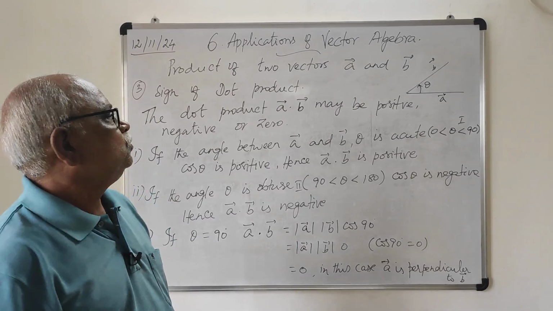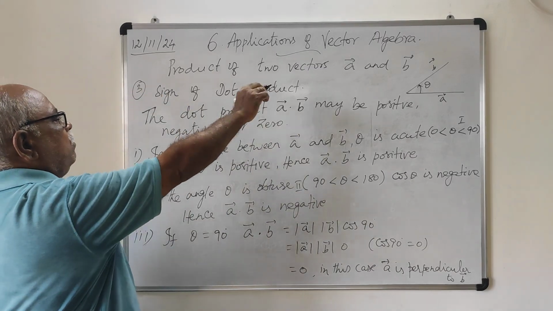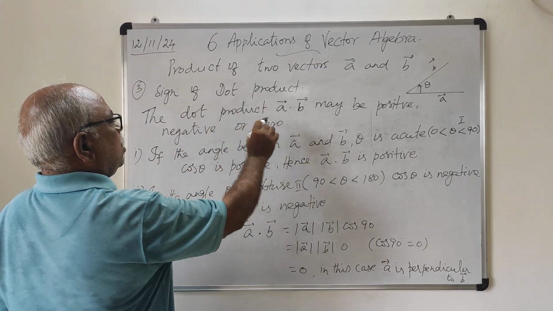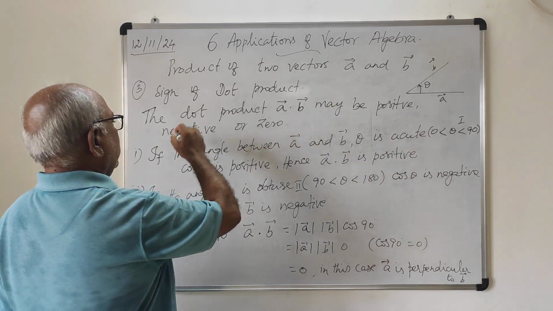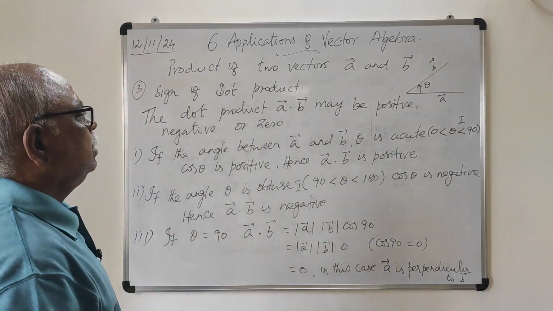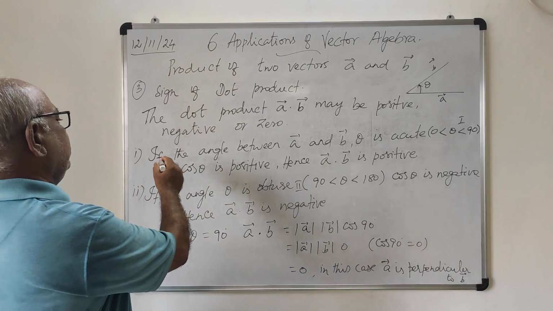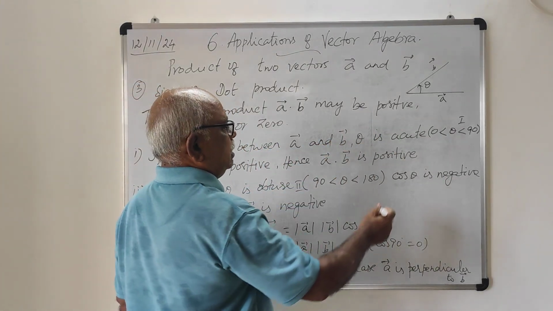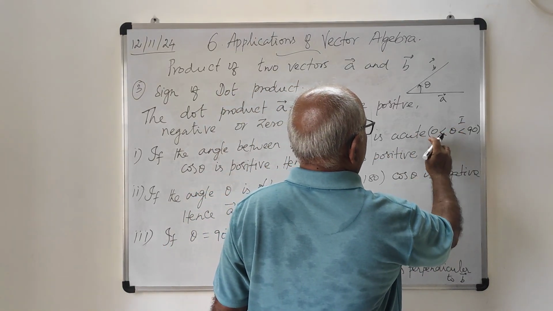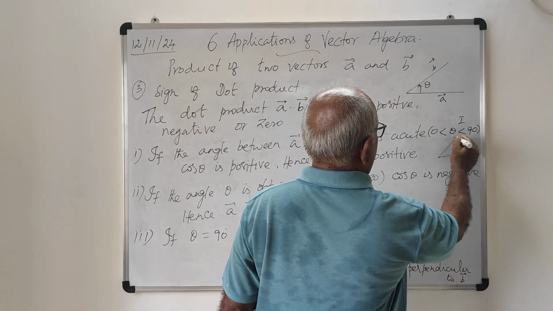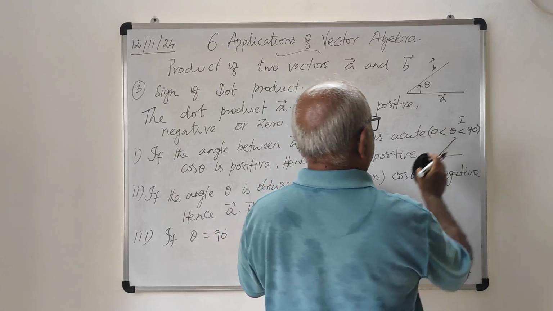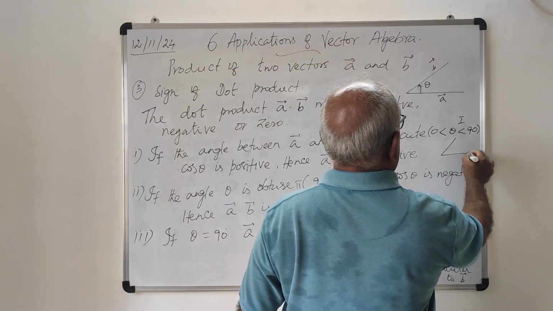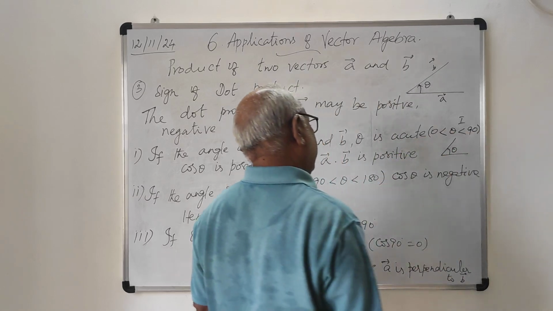Next, property 3: sign of the dot product of vectors A and B. The dot product A dot B may be positive, negative or 0. First case: if the angle between A and B, theta, is an acute angle, that is, theta lies in the first quadrant, less than 90 degrees.